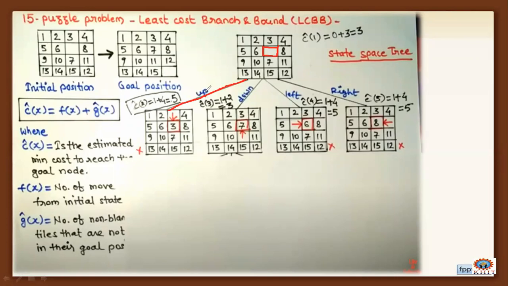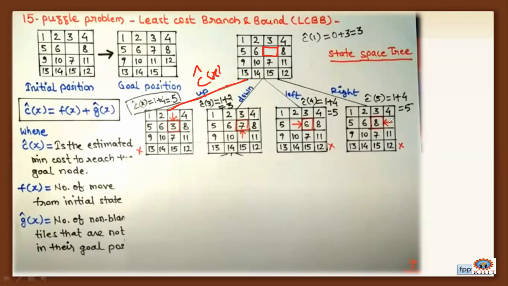So this is where I have applied up. When I apply up, I need to find the value of C cap of X. Suppose I find the C cap of X value for this position only, and later apply it for the remaining positions also.